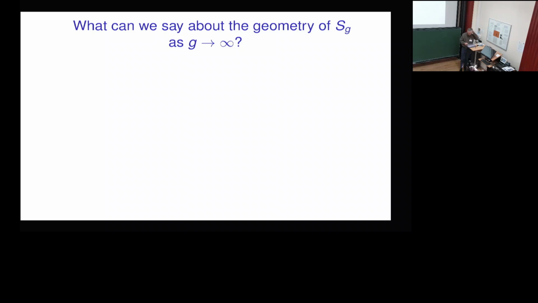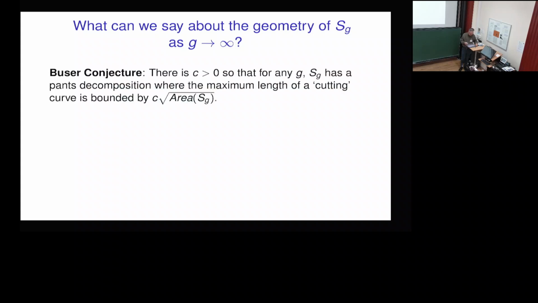Okay, but now apart from the systole, of course, one can think more globally, or one can think of other properties of the geometry of surfaces as the genus goes to infinity. So what can we say? There is a classical conjecture, Bers' conjecture, which gives a more global understanding of the surface.